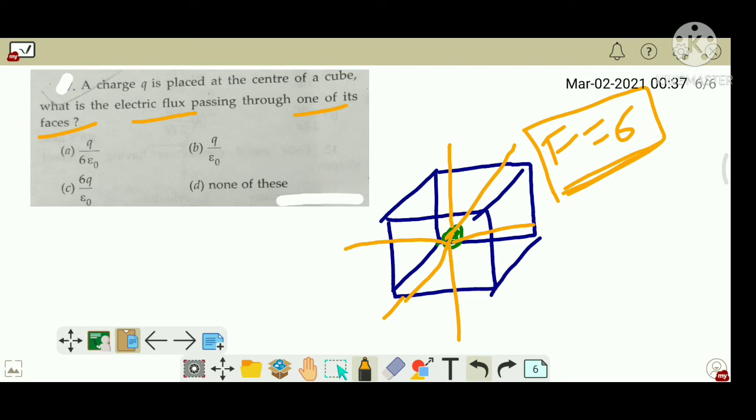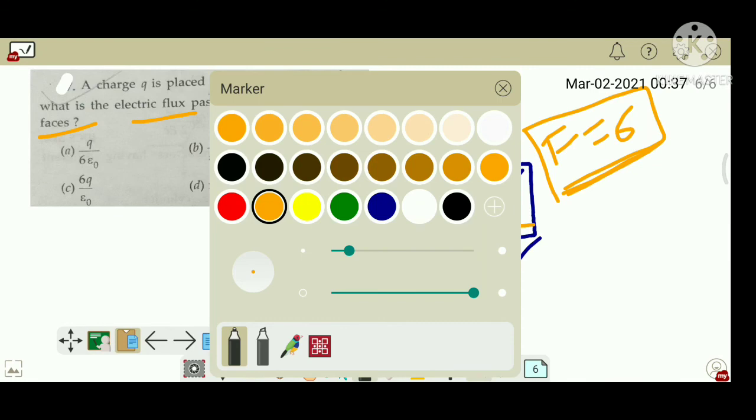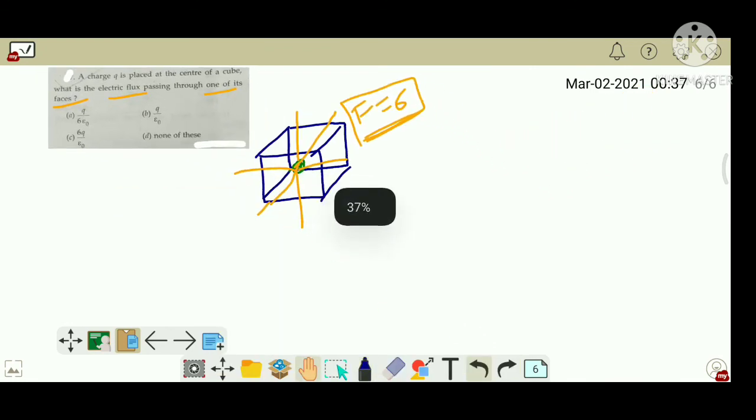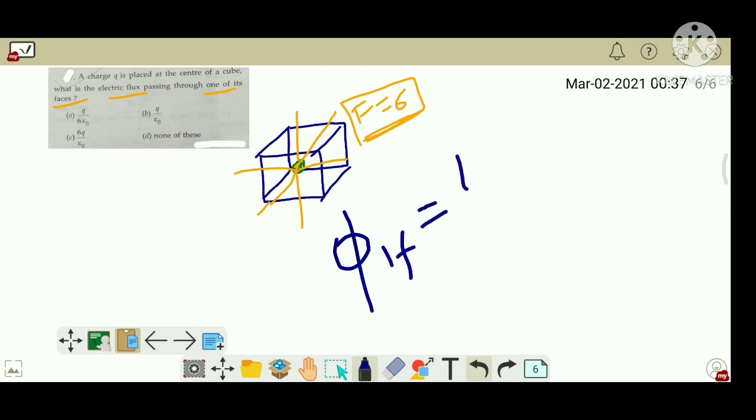If you have to find out the electric flux through one face, then what will you have to do? The flux phi through one face will be equal to 1/6 of the total flux, the charge enclosed divided by epsilon naught.